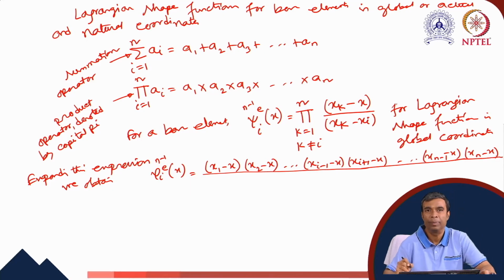This is the product in the numerator. Similarly, in the denominator, we have an equivalent product where x is substituted by x subscript i.